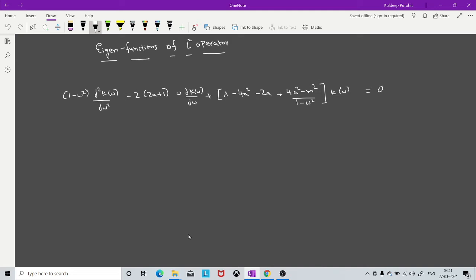And this was all equal to 0. And we have chosen 4a square is equal to m square.